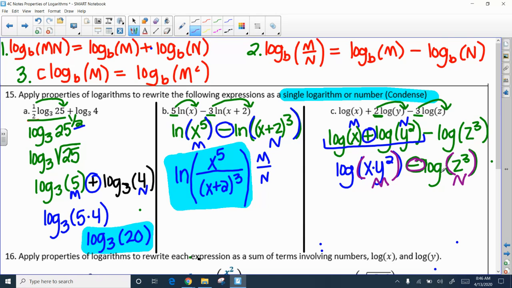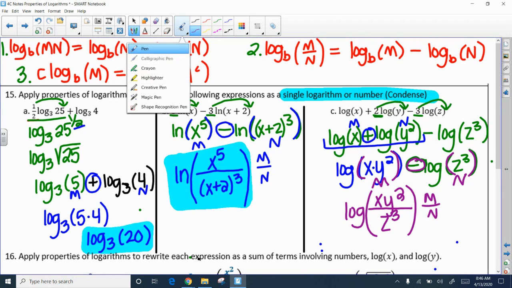So when I condense these into one logarithm, it's going to be log base b of m divided by n. So it's still just going to say log base 10 or just log. I'm going to have m on the top. The first one has to be on the top. So xy squared on the top. On the bottom, I have n. So I have z cubed on the bottom. And if you want, you can put that whole thing in parentheses. So now this is in the form log base b of m divided by n.